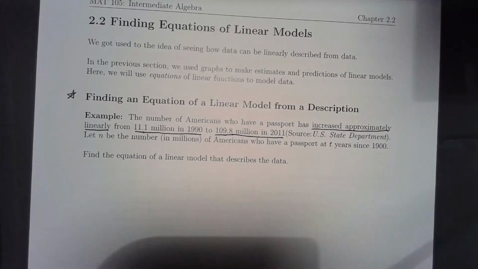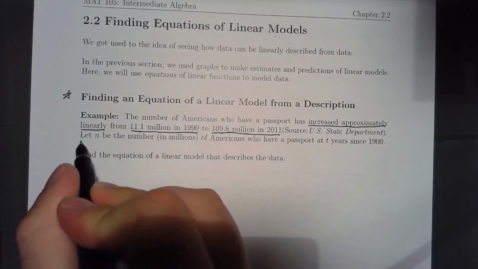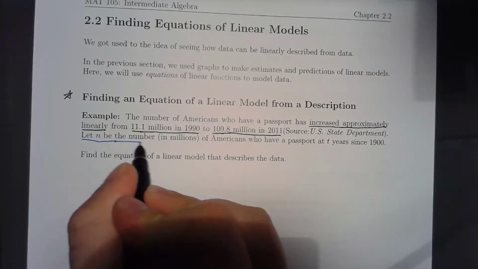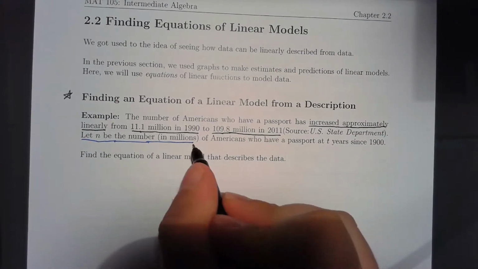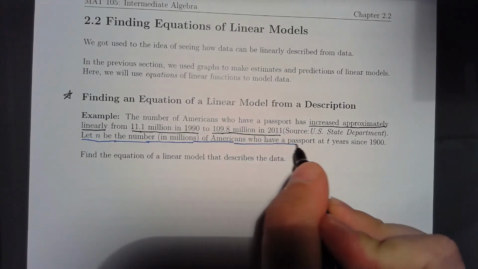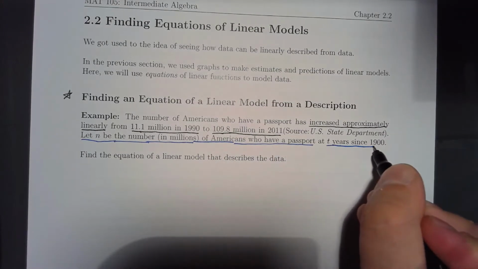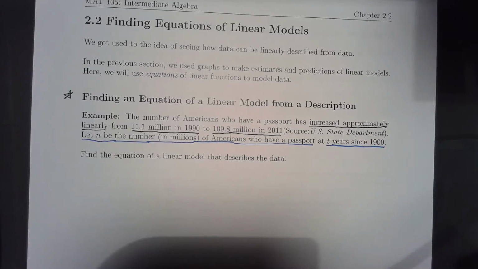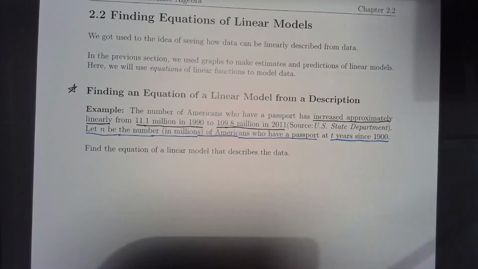Here's the variables' description right here. This is big, because this tells us which variable is which. Let n be the number in millions of Americans who have a passport, and t is the years since 1900. Find a linear equation.